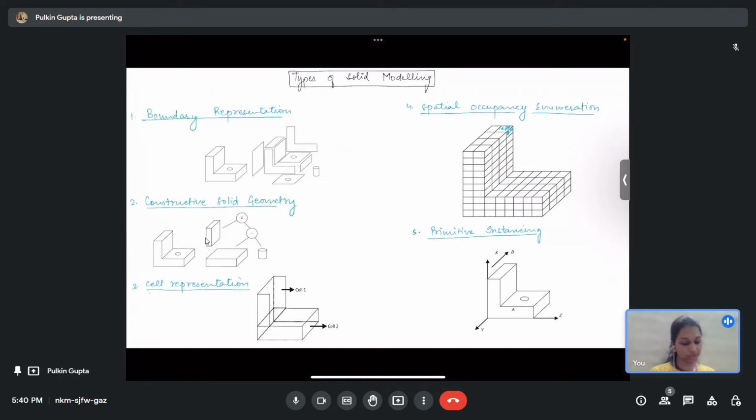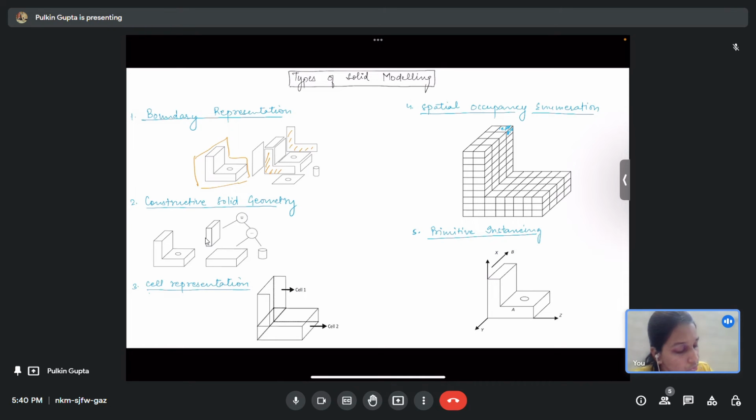Now we have different types of solid modeling. We have boundary representation, which is basically the representations of the boundary of a solid in the form of different surfaces. So suppose this is your solid, this small one. Now if you take out each surface of it, so these are its boundary, individual boundary. So when your solid is represented in terms of these boundaries, it is called boundary representation.